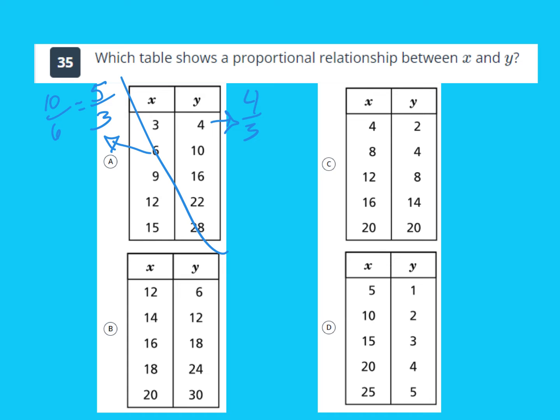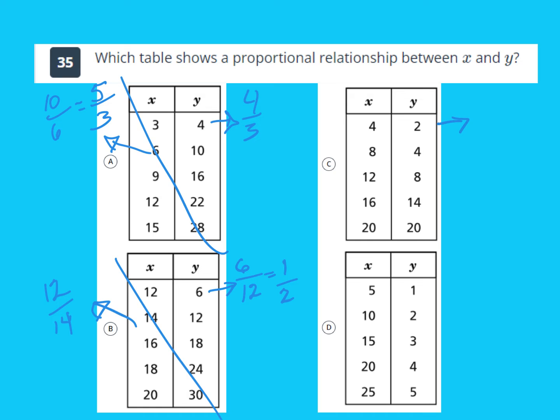Let's look at B. We've got 6 over 12. They share a factor of 6. 6 divided by 6 is 1. 12 divided by 6 is 2. Okay, so it's 1 half. If I look at this next one, 12 over 14, we can already tell that that is not 1 half, right? Not this one.